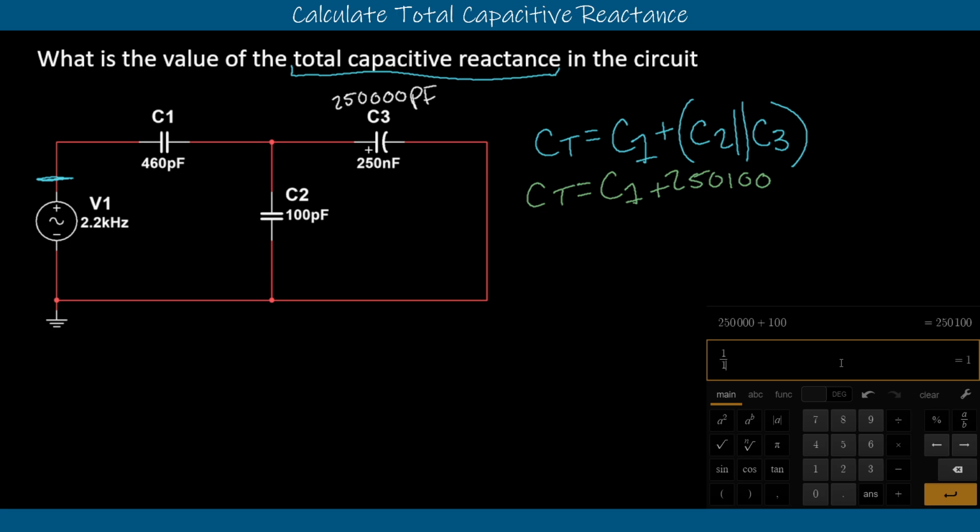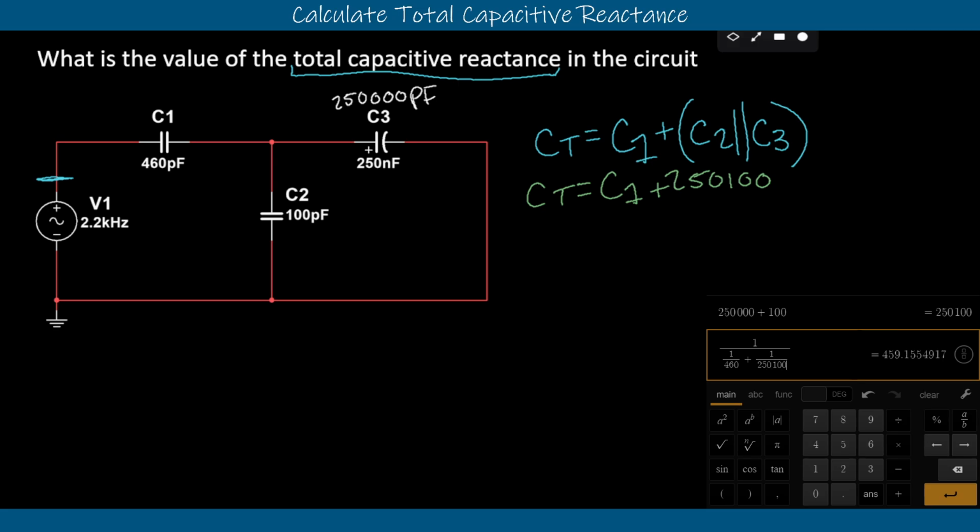So 1 over 1 over C1, 460, plus 1 over C2 and C3 in parallel with each other. So we'll add the 250,100 there, and that gives us our total capacitance, CT. And so that'll be 459, and that is in picofarad.